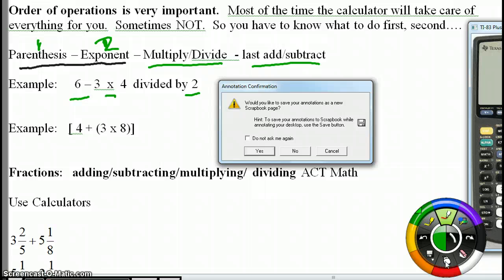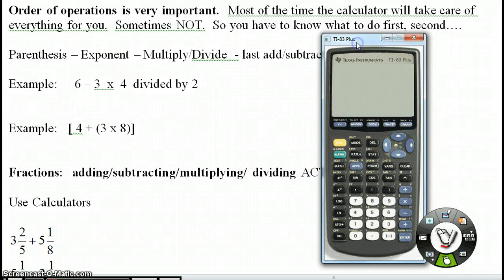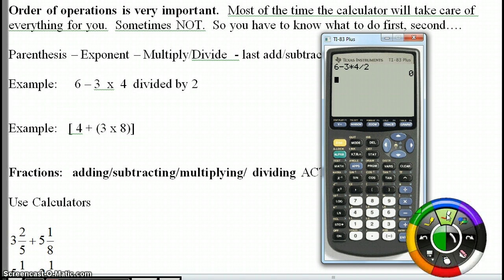So let's do that. Just punch it in the way you see it. I have 6 minus 3 times 4 divided by 2, hit equals, and our answer is 0.